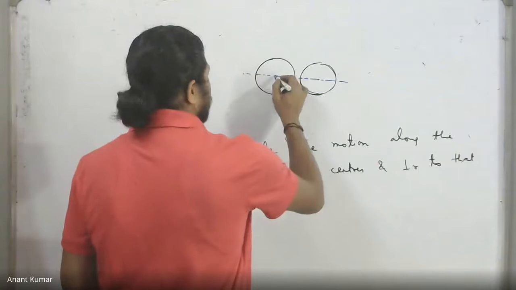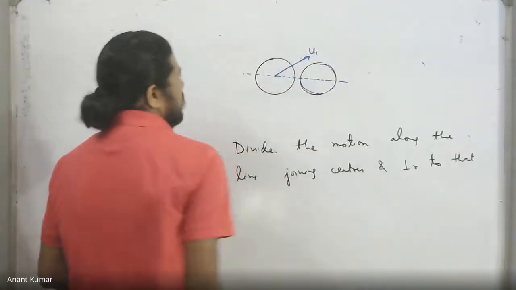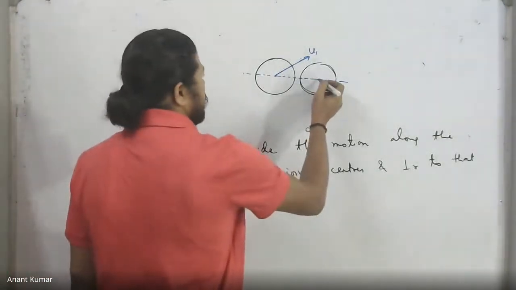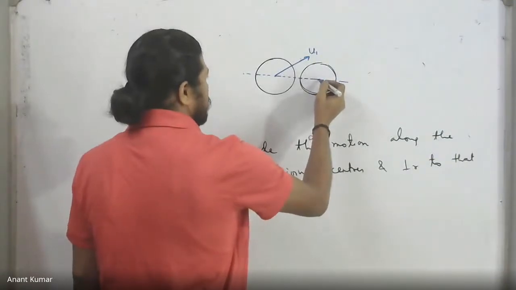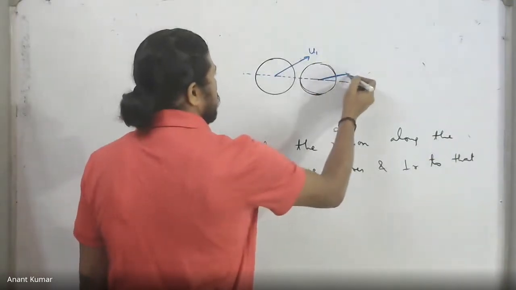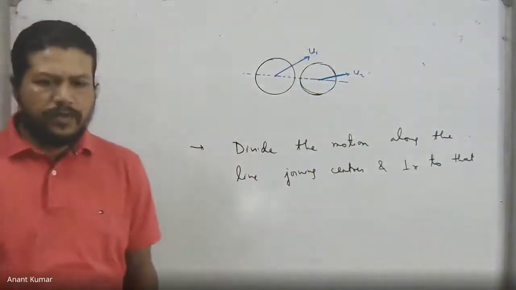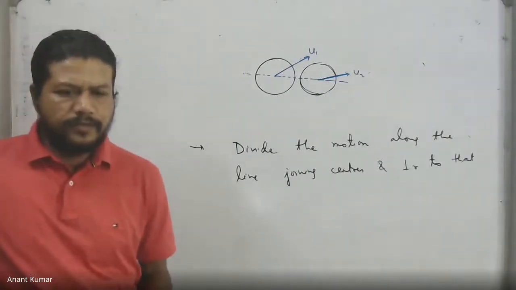Say that this one was moving with a speed u1 before the impact, while this one is moving at a different angle, like this, u2. u1, u2 are the velocities of the two spheres prior to the impact.